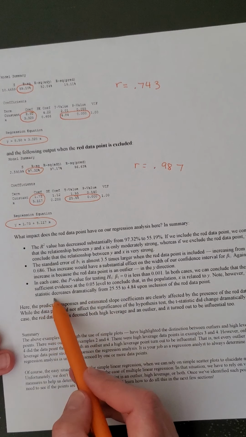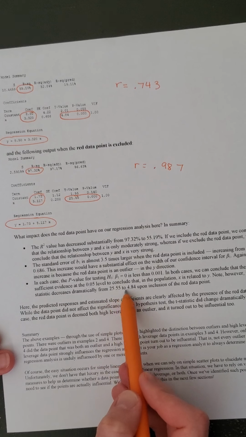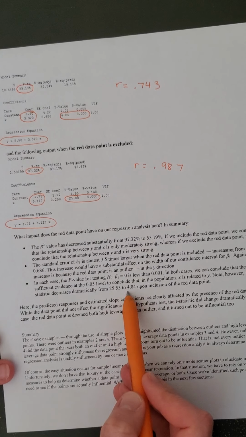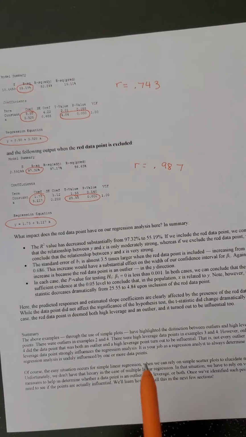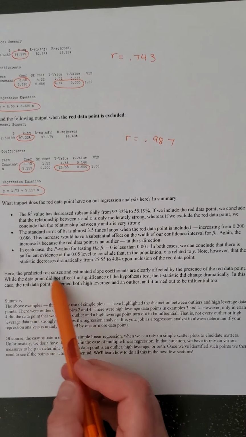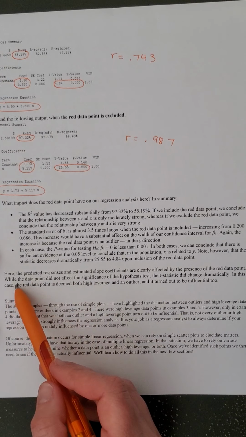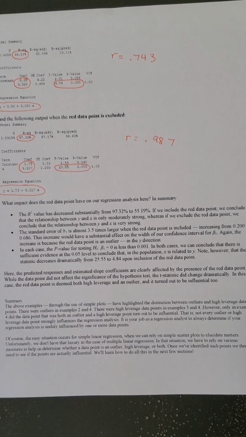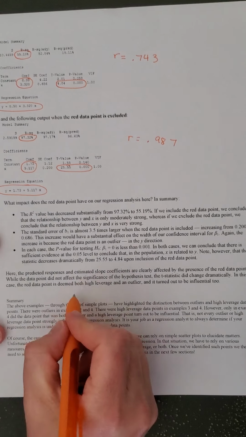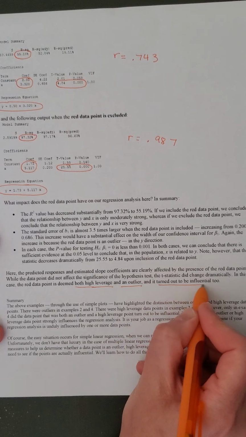However, the t statistic changes dramatically from 25 to 4.8. So that is a big change. And so it says the predicted responses for the data point is that it would be both high leverage and an outlier, and it turned out to be influential too.